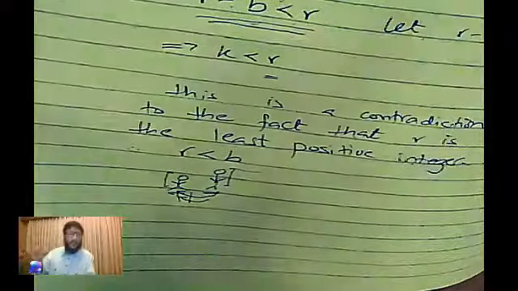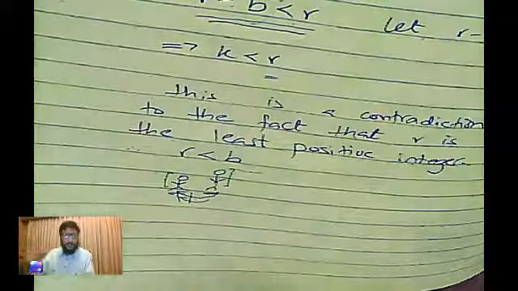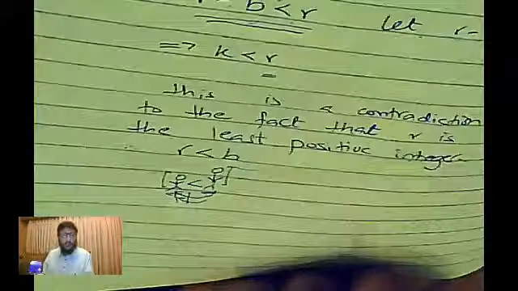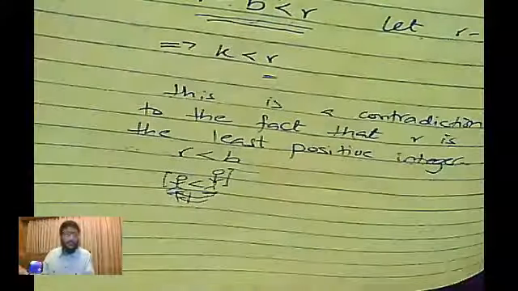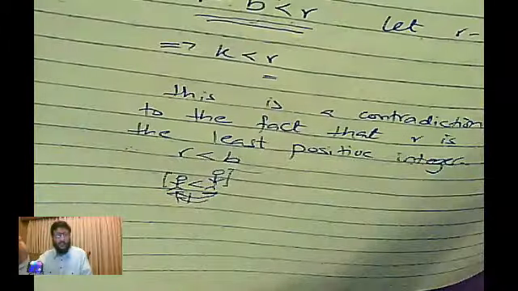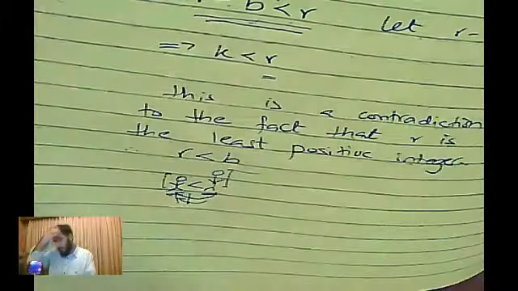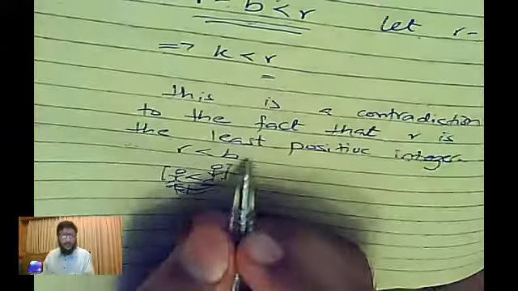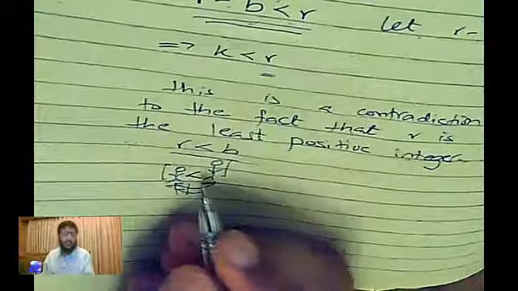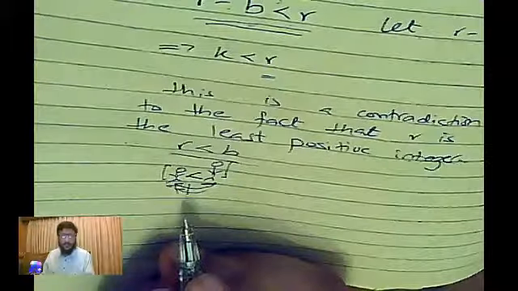Hence, the opposite of our supposition will be proven true. Therefore, if the contrary of what we want to prove is wrong, then obviously the opposite should be true. And this is what we did here. This is usually called proof by contradiction.